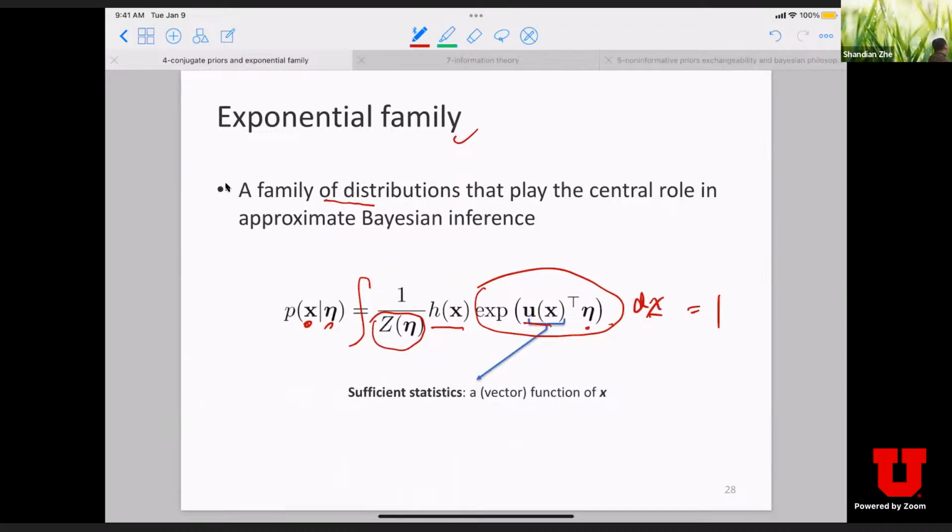If we want to estimate the parameters of this distribution, like eta, you only need to memorize the transformation of each observation, like u of x1, u of x2, u of x3, and so on. That means if you keep and store those transformed observations, it is enough for you to get a maximum likelihood estimation or MAP estimation of eta. That's why it's called sufficient statistics. Does it make sense?